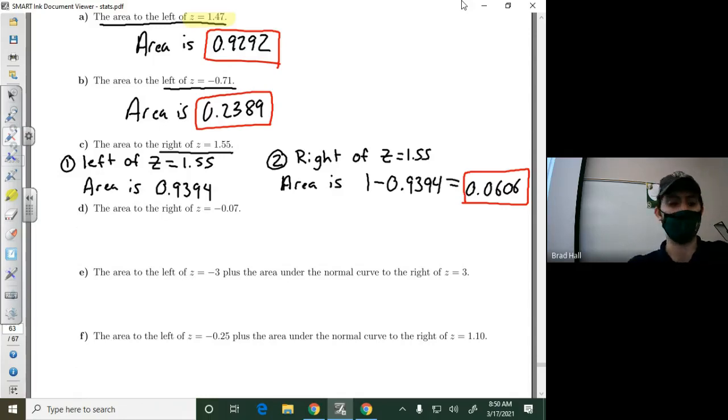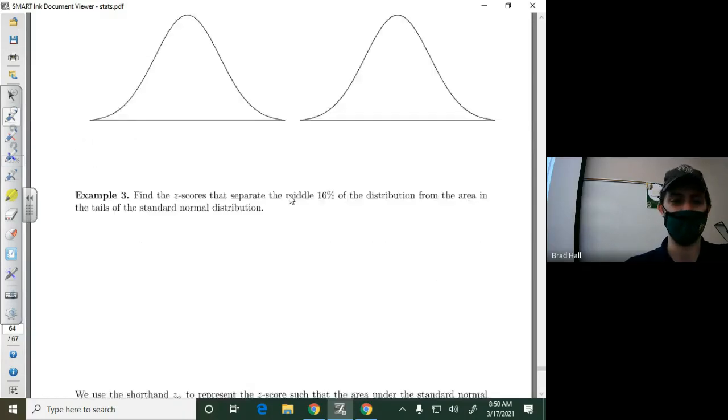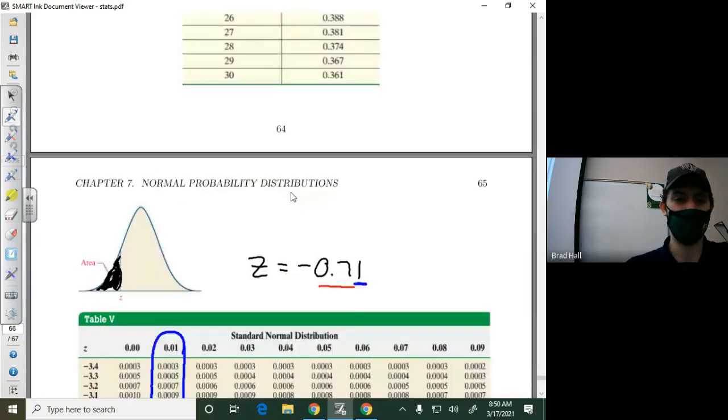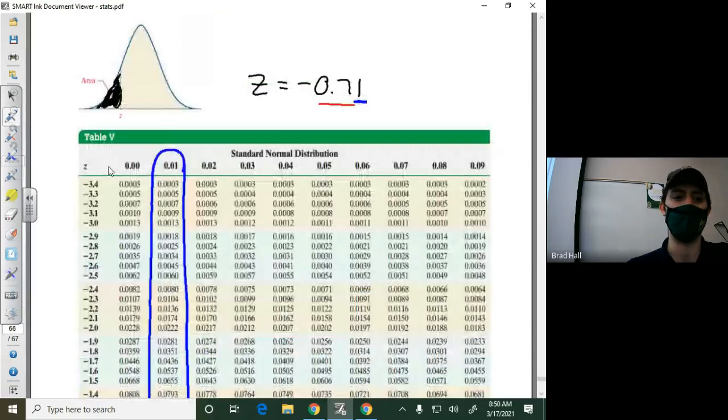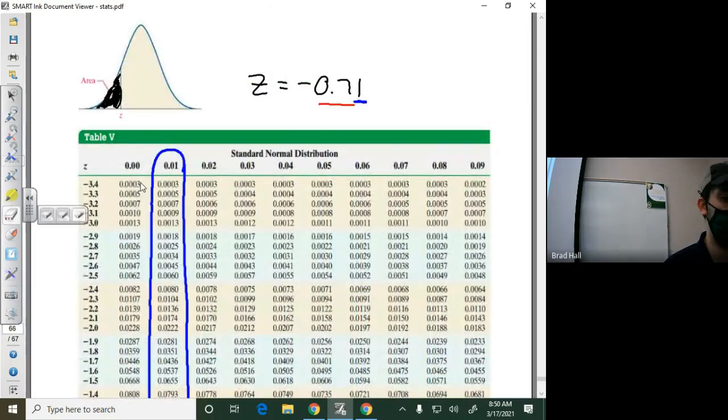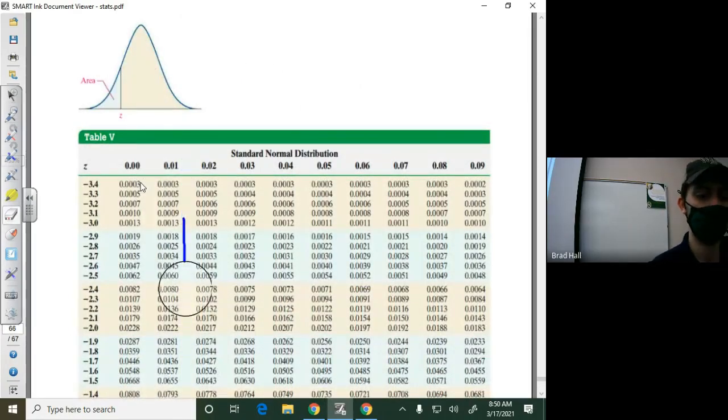Okay, let's do another one just in case someone might have gotten lost there. Same problem, just different z-score. The right of z is negative 0.07. The fact that there's a negative there doesn't really change too much. It just means we're going to look at the first table because that one has all the negative values. So, is it negative 0.07? Okay, cool.